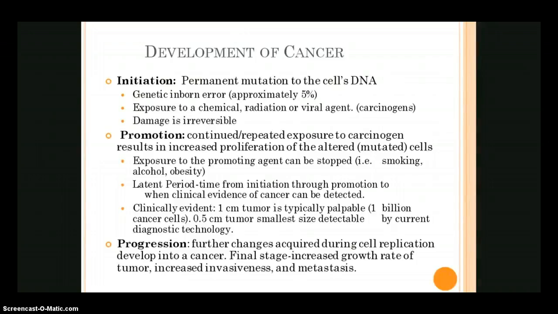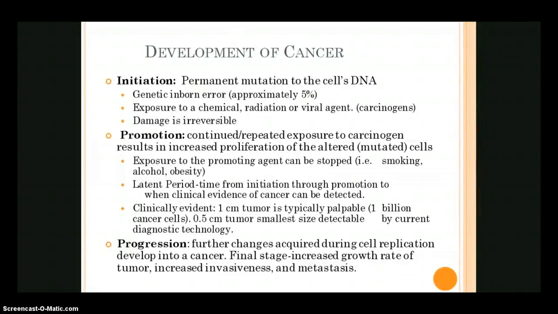The time from initiation, or that initial damage, through promotion, to when we can finally see some clinical evidence of the cancer, we call a latent period. In order for us to see some evidence of the cancer, typically we can palpate a tumor at about 1 centimeter.